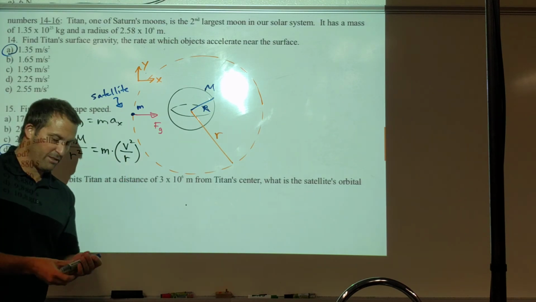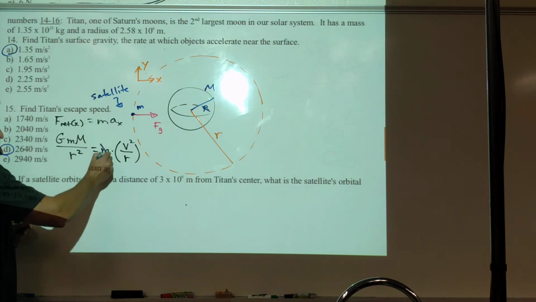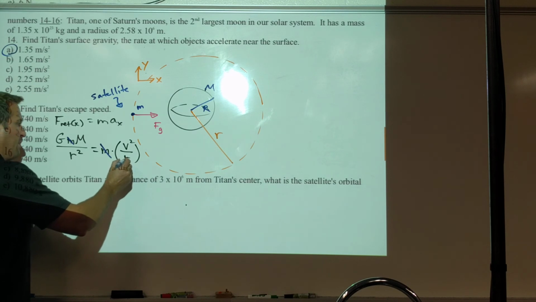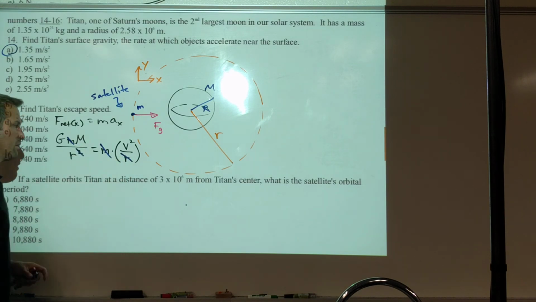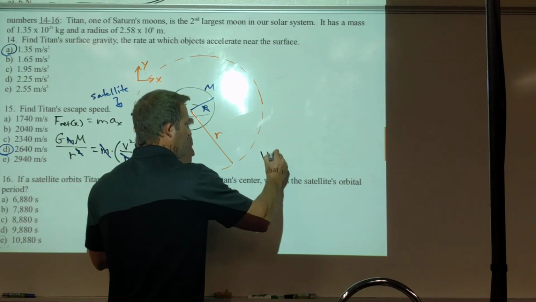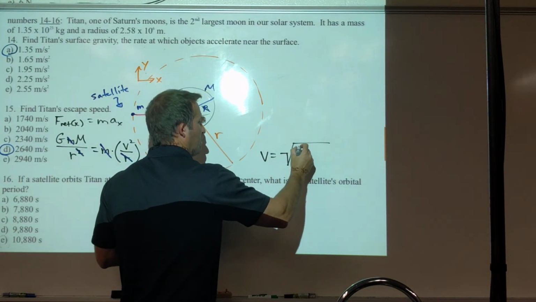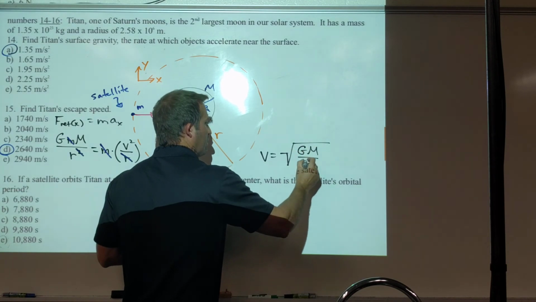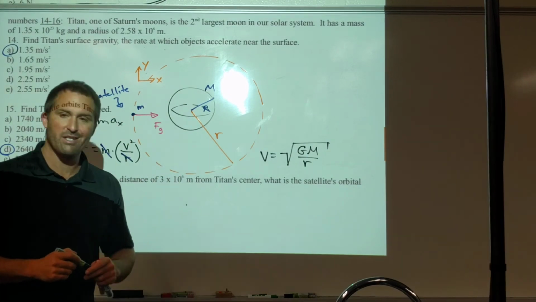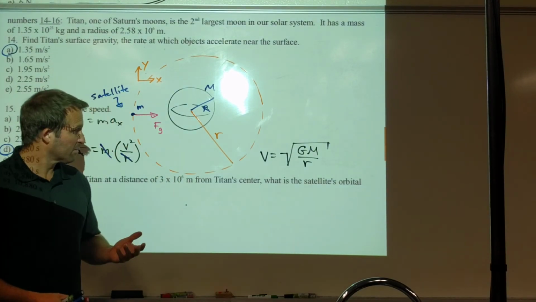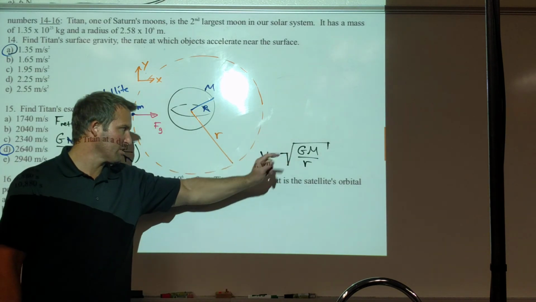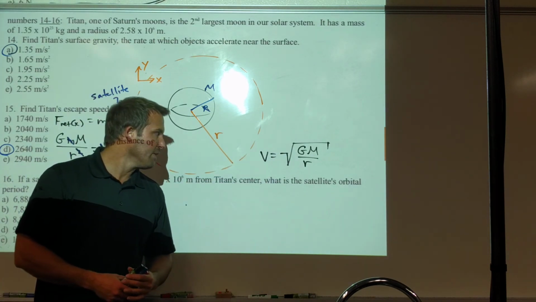We do get a little bit of cancellation here. We can divide through by the mass of the satellite, divide through by one of these little r's, and solve for the speed of the satellite. It looks similar to our escape speed result, but not exactly the same. This doesn't have that factor of root 2 here.